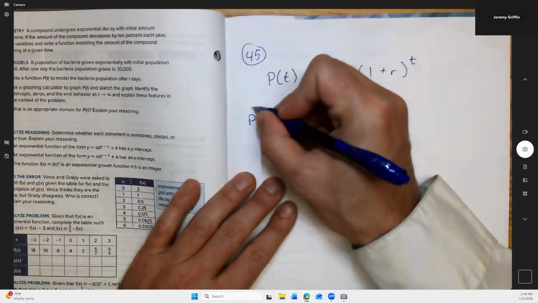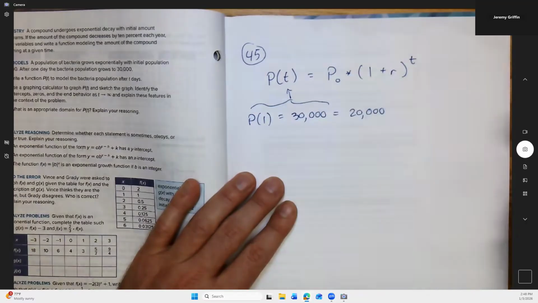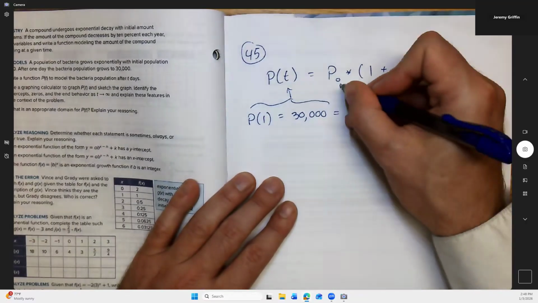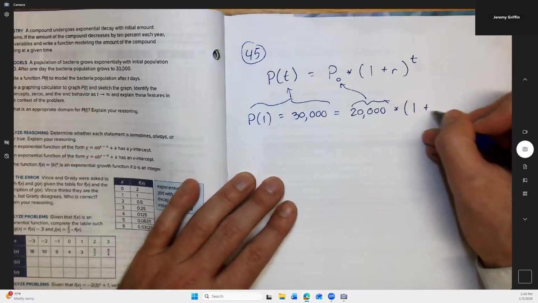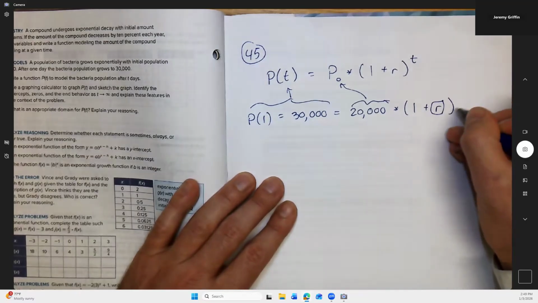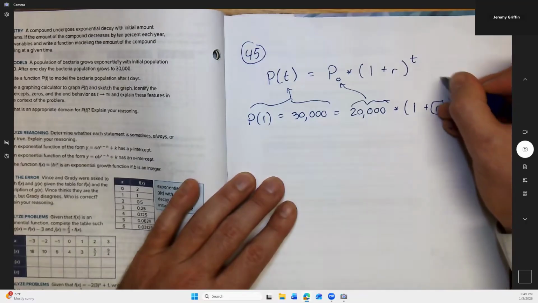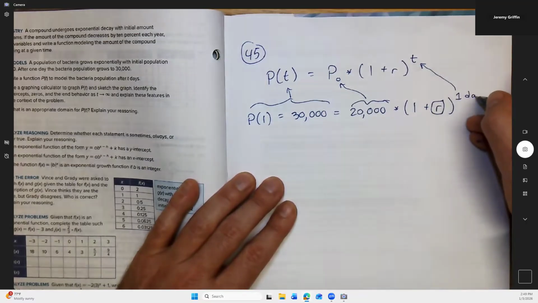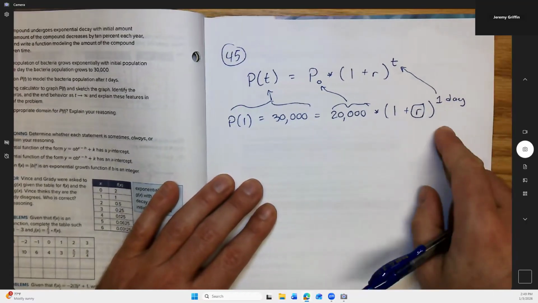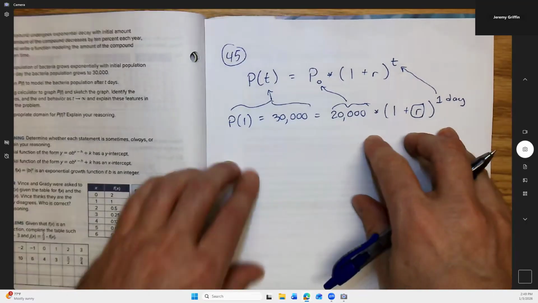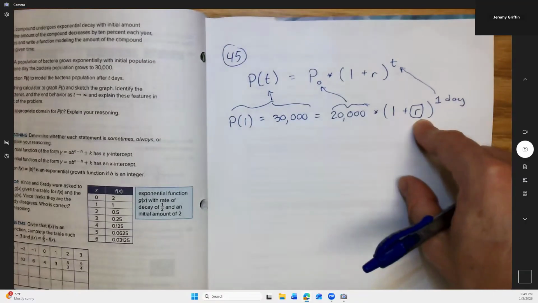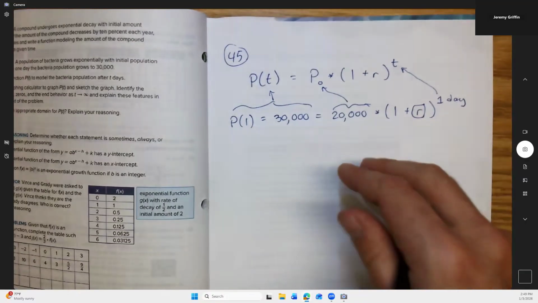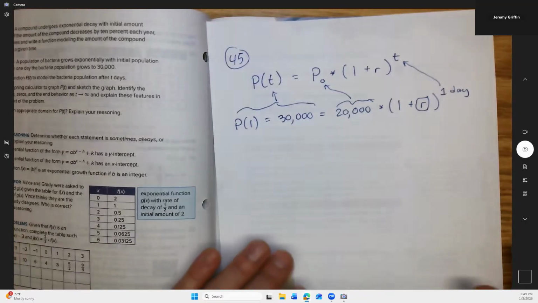So this would all be taking the place of this basically. 20,000 is like this, times 1 plus r, which we don't know yet. But t is one day, so one day goes in for t. So this is a specific coordinate that we can use to figure out what the growth rate had to be for this to play out. And then we can figure out the population of this bacteria on any day.